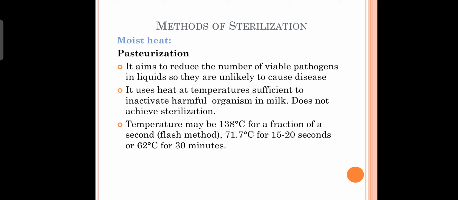Temperature may be 138 degrees centigrade for a fraction of a second, or 71.7 degrees centigrade for 15 to 20 seconds, or 62 degrees centigrade for 30 minutes. This temperature and timing is based on the product on which you are going to use this method.